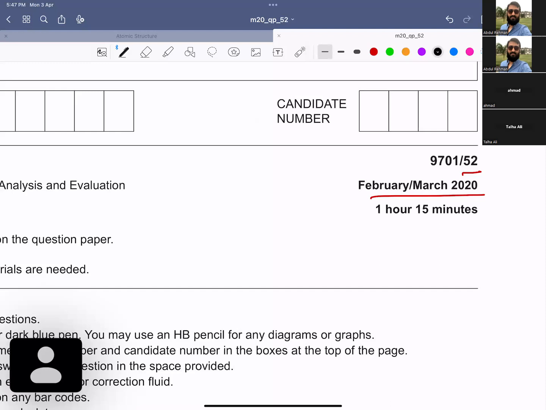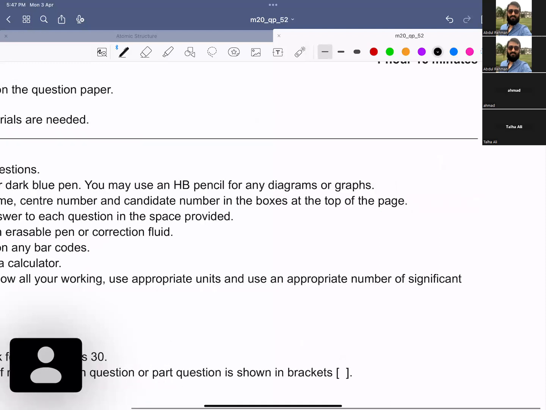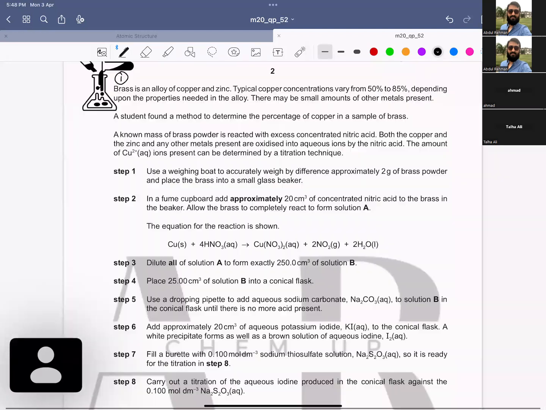And we are going to start with question number 1 today. Okay, so have a look.